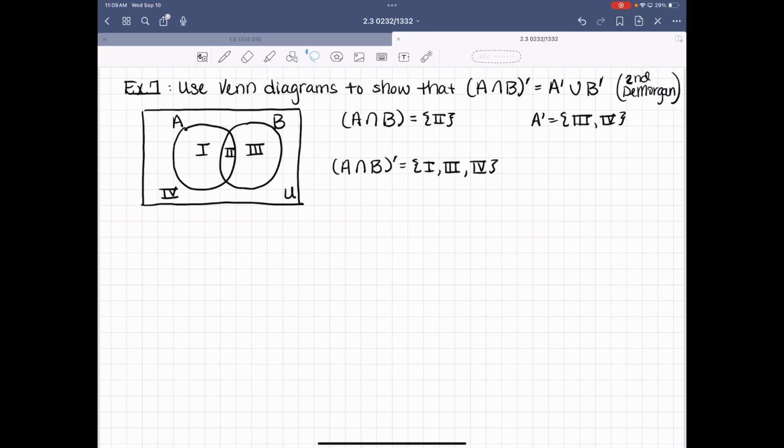What's B complement? 1 and 4. Good. Okay, so then tell me what's A complement union B complement? 1, 3, and 4.